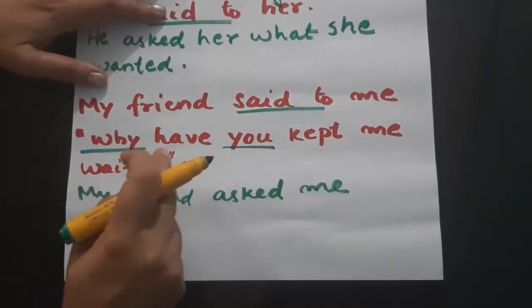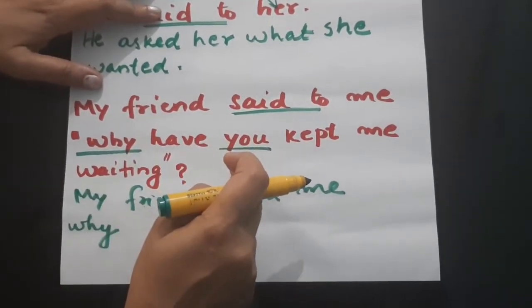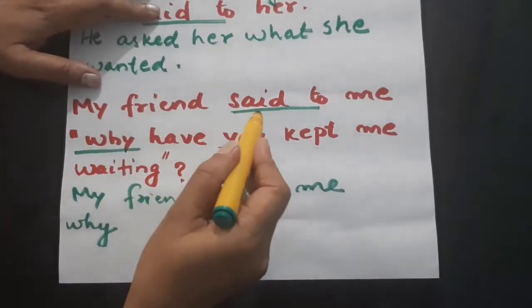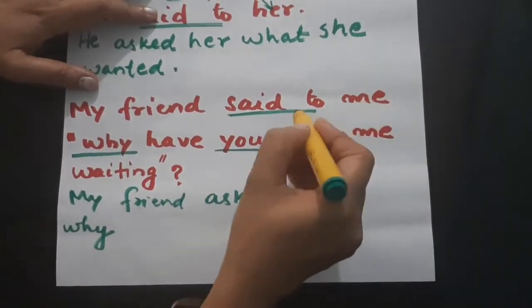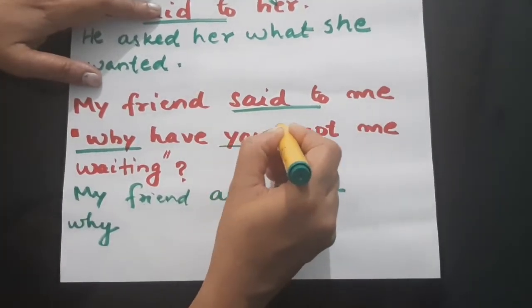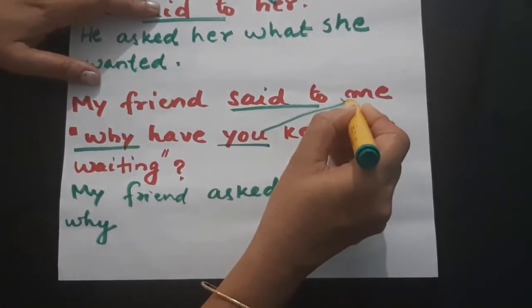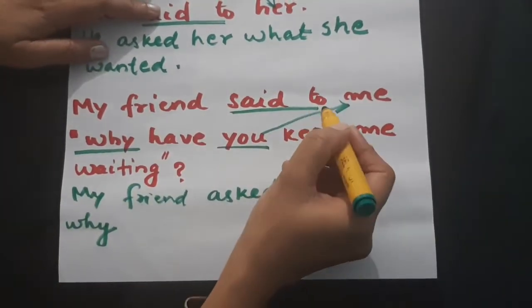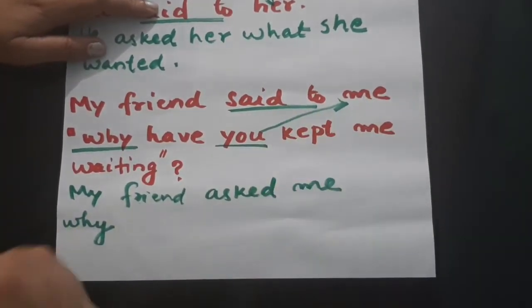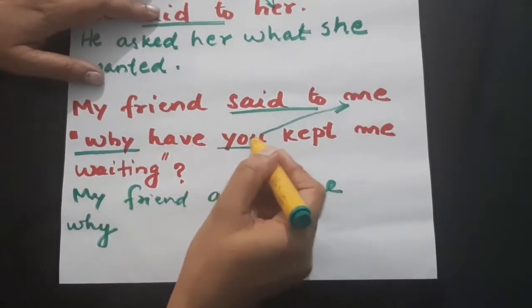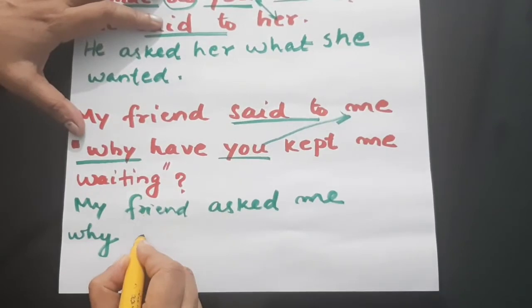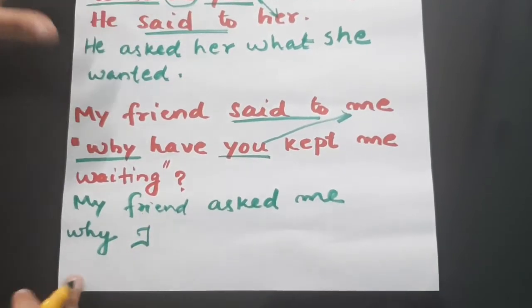Why have you? Who actually is you here? My friend asked me. So you means, here it is, me. My friend is asking this to me. So why have you? You means it is me. So why, me to I? Okay, why I?